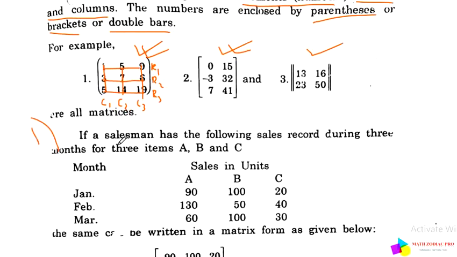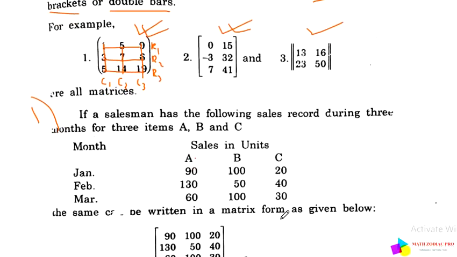Suppose a salesman has the following sales record during 3 months for 3 items A, B and C. The months are January, February and March. The sales units for A are 90, 130, 16, for B 100, 15, 100, and for C 20, 40, 30.